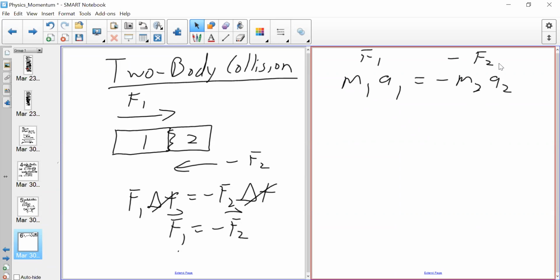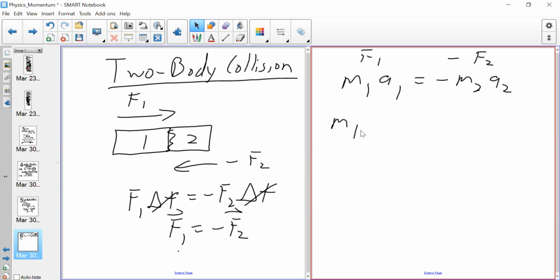Right, and in context, we can even say, for example, the force of 1 on 2 is equal to the force of 2 on 1, or we can just keep it as it's the same. So we're going to keep it this way. Let's break this down even further.